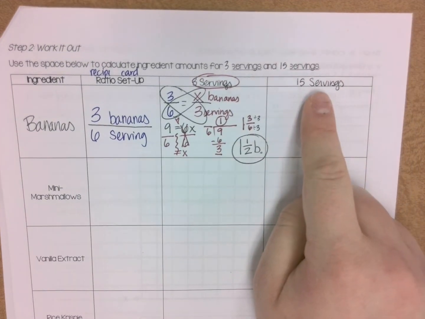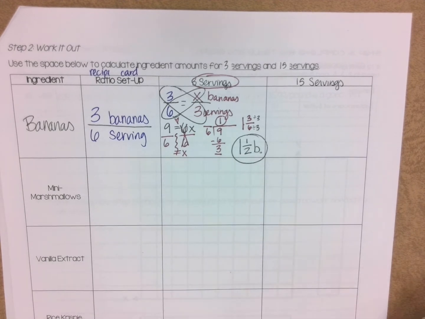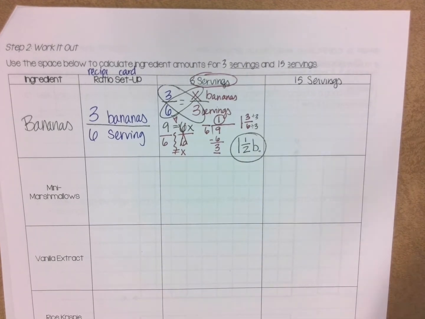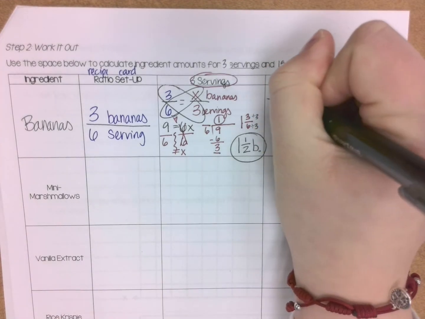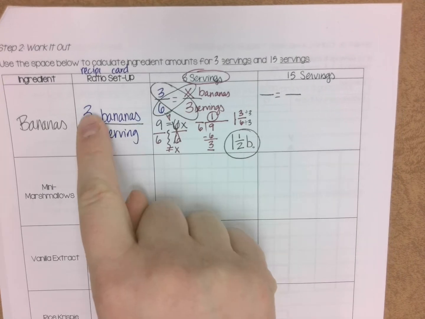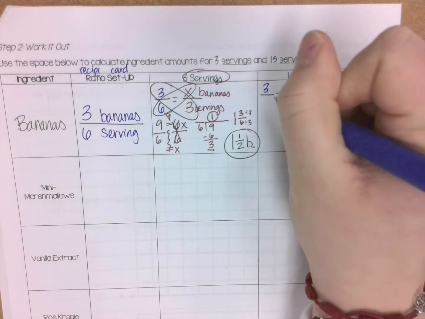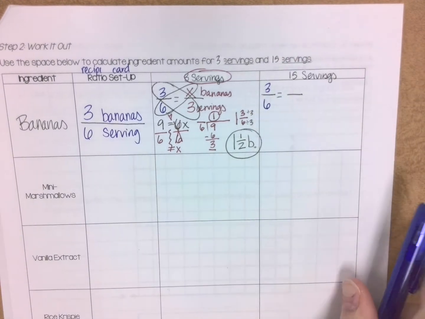Then I need to do the same thing for 15 servings. For 15 servings, again, I need to set up a proportion. Fill in the same first 2 numbers because that's from my original recipe. So 3 bananas for 6 servings.